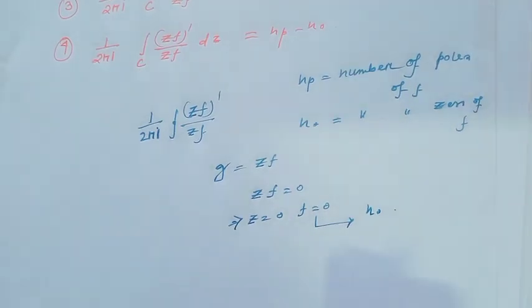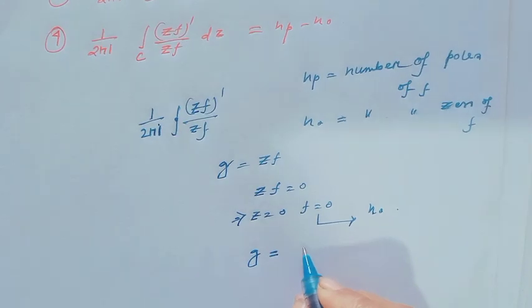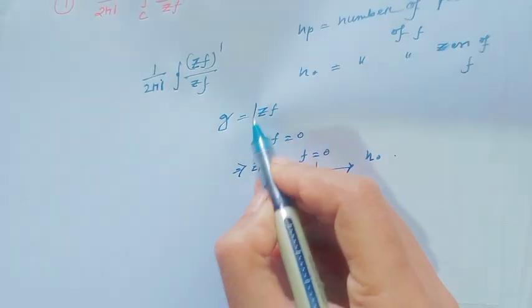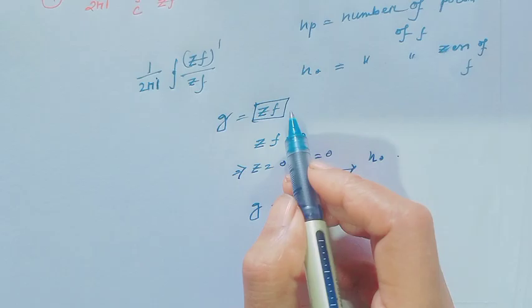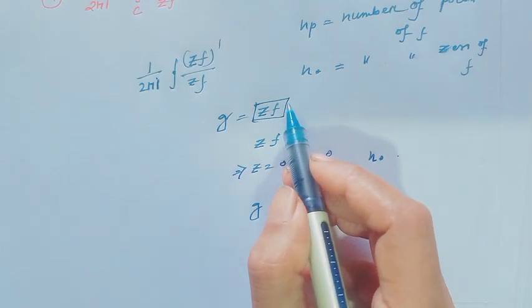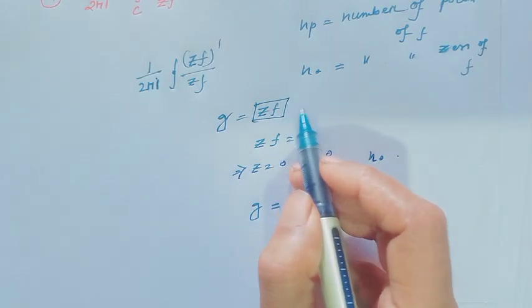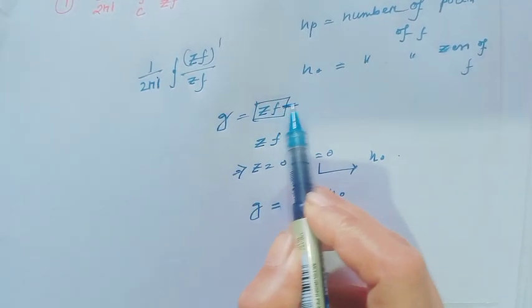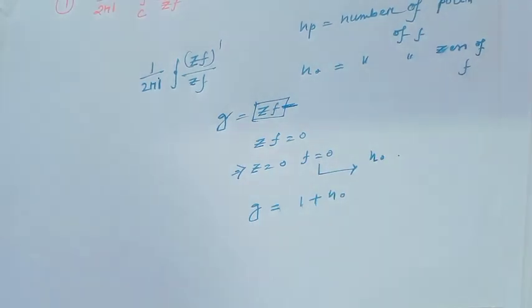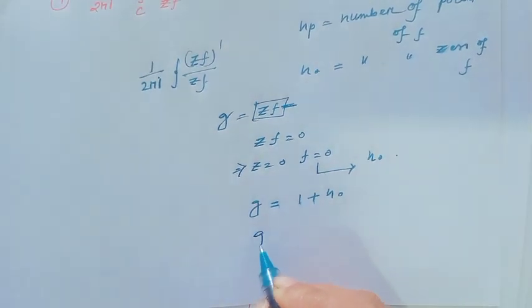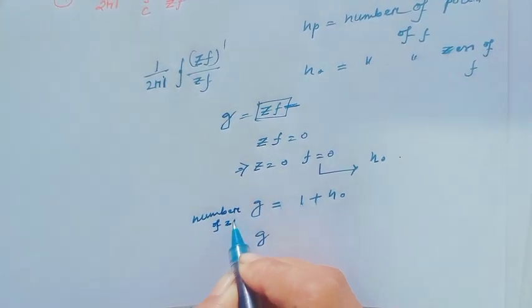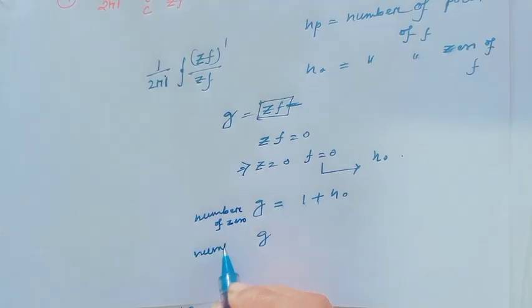That means the number of zeros of g equals 1 plus N naught, and in z f only f has poles, because z has no pole. F has Np number of poles. That means the number of poles of g would be Np.